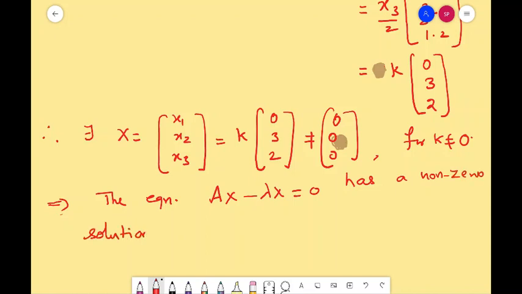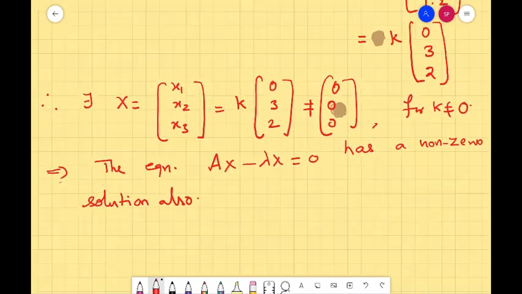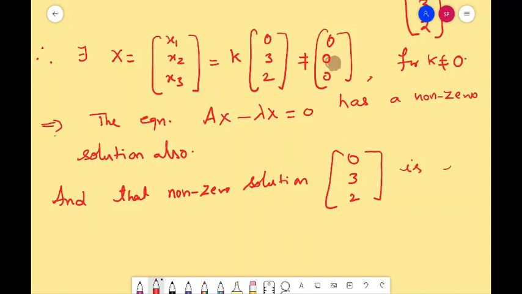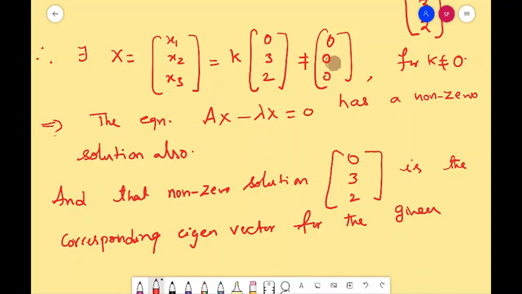That non-zero solution, I will take 0, 3, 2 as the corresponding eigenvector for the given lambda equal to 1.